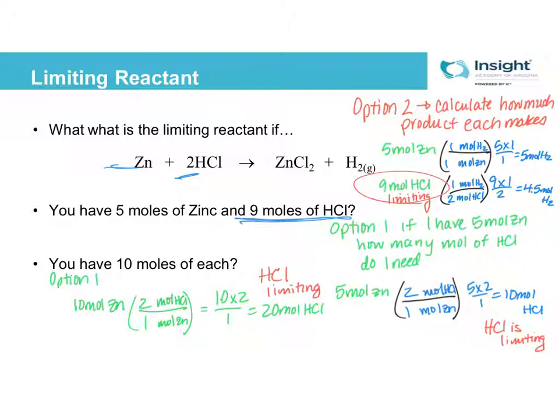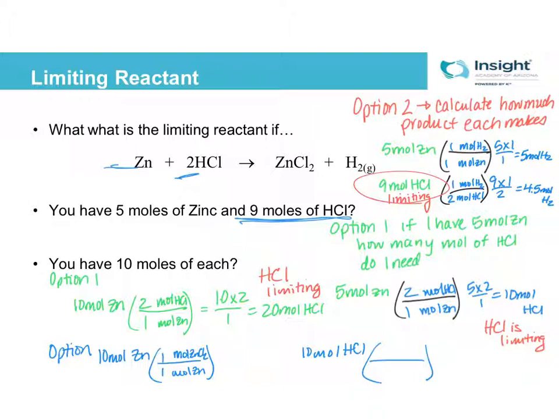Option 2, I do 2 calculations. I do my 10 moles of zinc, and I do my 10 moles HCl, and I do both of those to the same product. So moles of zinc, let's go to H2 again. Or you know what, just to do something different, moles ZnCl2, just to prove that this works regardless of what one you use.